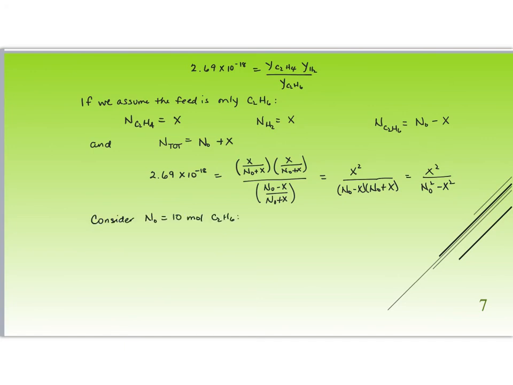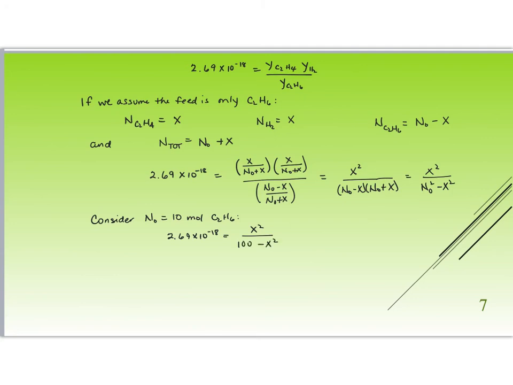So let's consider a feed of 10 moles of C2H6. So in this case, what we're saying is that 2.69 times 10 to the minus 18th is equal to x squared over 100 minus x squared.